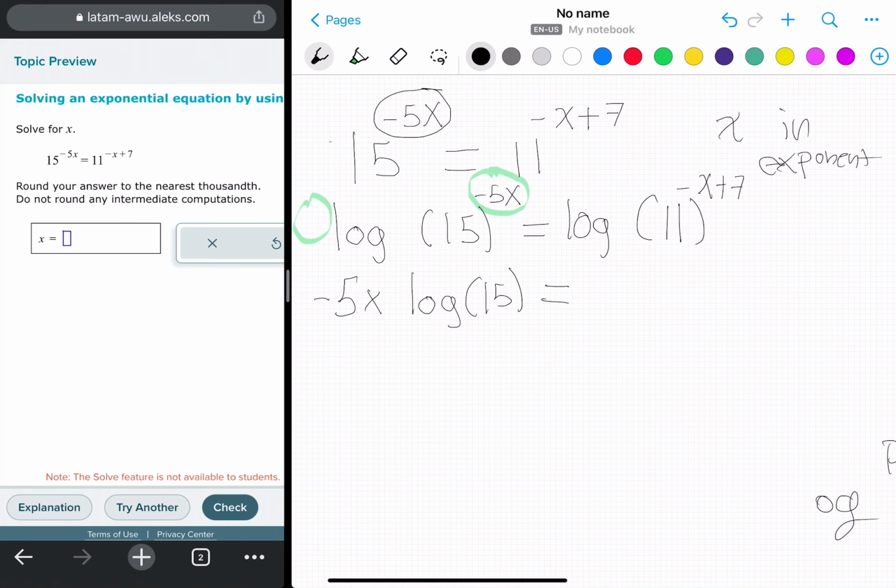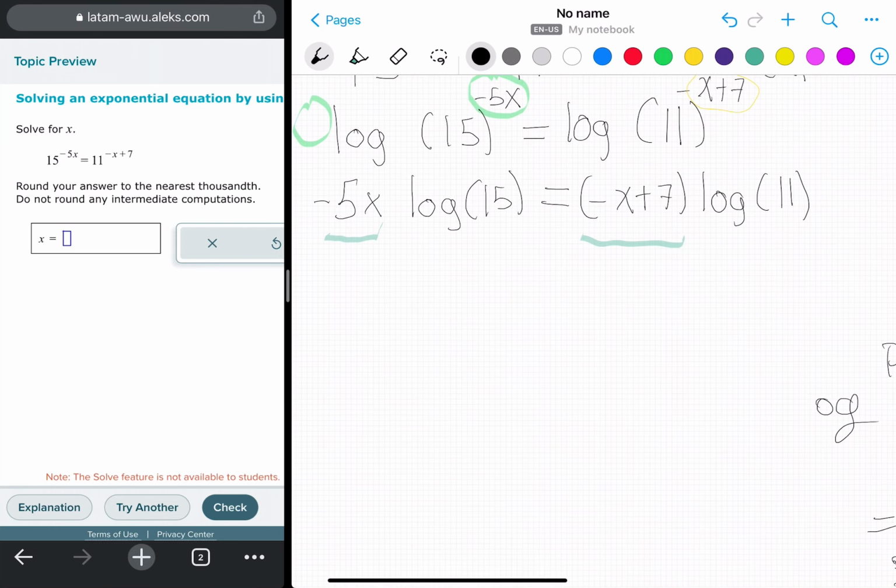I can apply the same rule here, so I will write that number down here, multiplying my logarithm of 11. Now if you see, I have my x down. I no longer have my x in the exponent, which is awesome because it is what was making some noise for the exercise. This is no longer an advanced exercise. From now on, it's just a basic solving exercise.